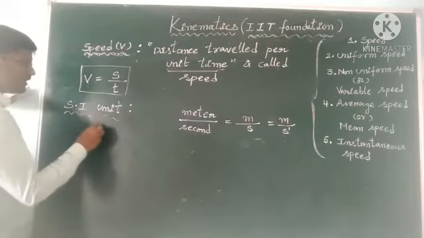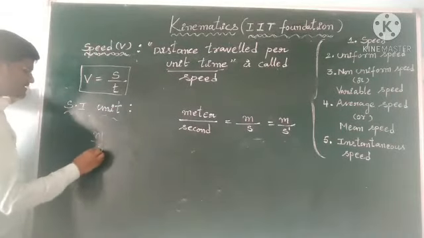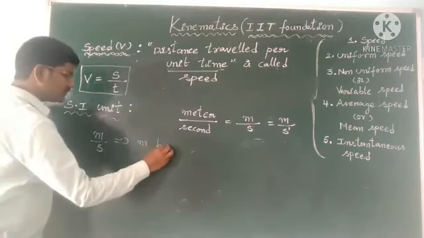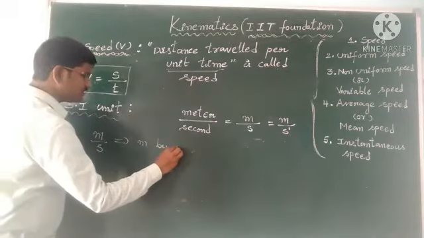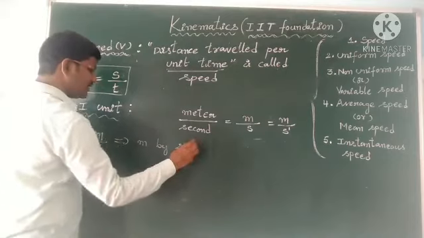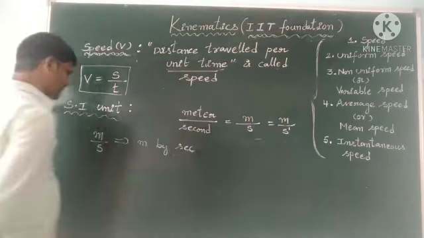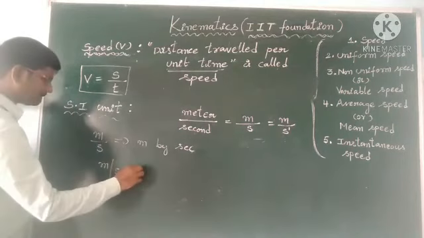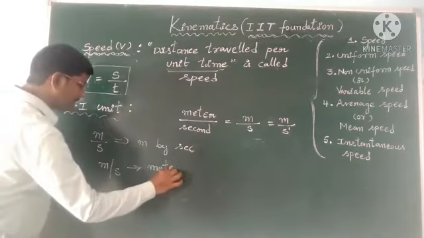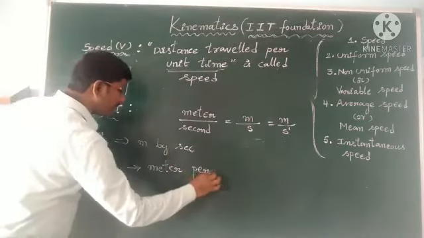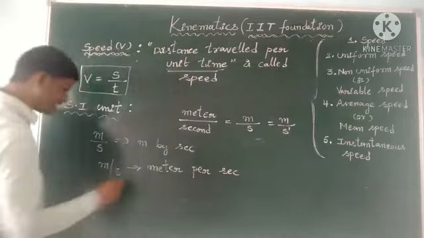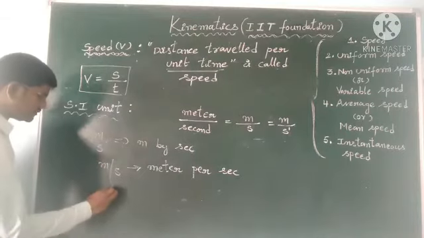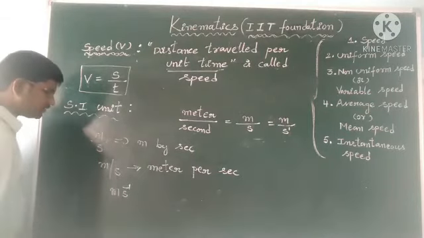So SI unit you got is meter by second. We read this as meter by second, or you can write it as meters per second, meter per second, or if you take this second upward, it will become meter second power minus 1.